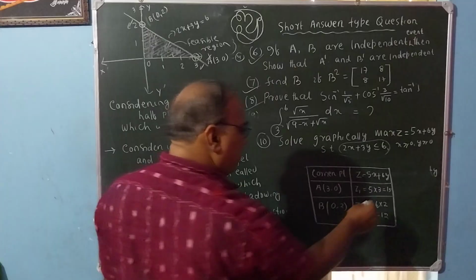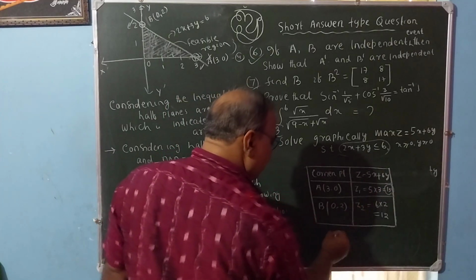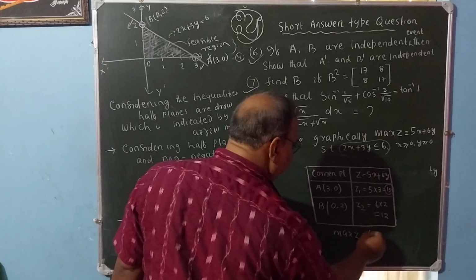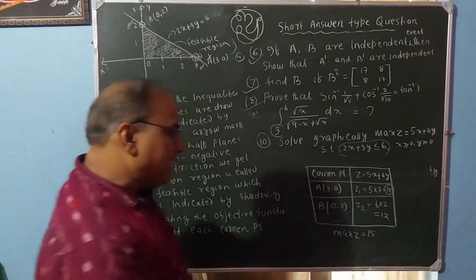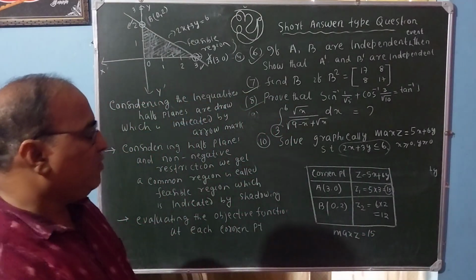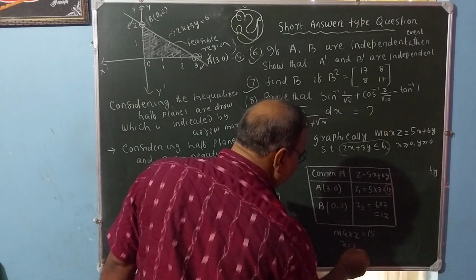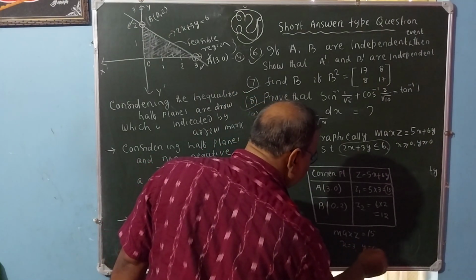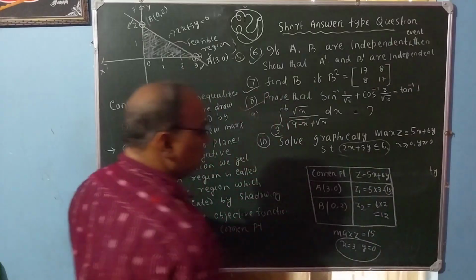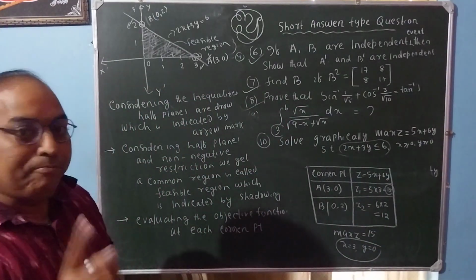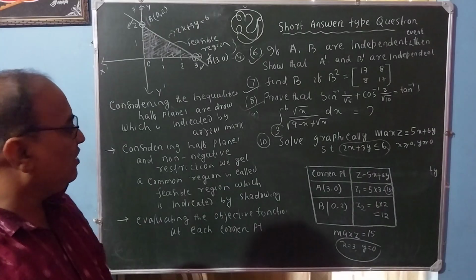What is the maximum Z? Maximum is 15. So write down: max Z is equal to 15. What is the value? x is equal to 3, y is equal to 0. So this is the solution of the above linear programming problem by using the graphical method.